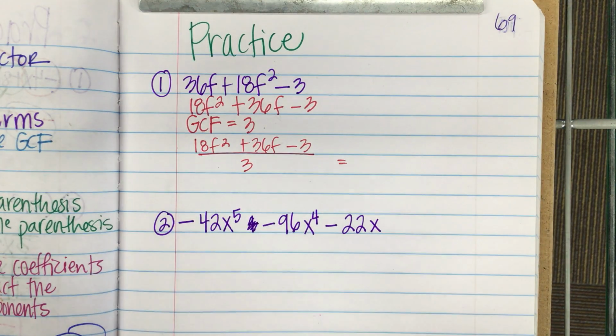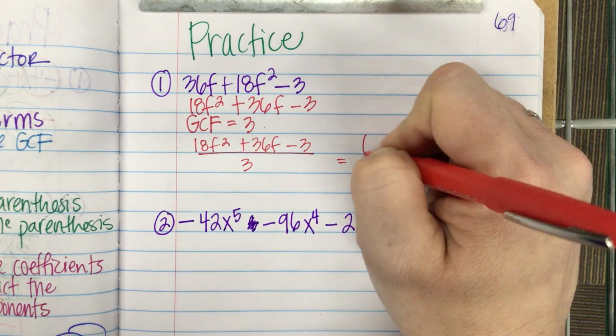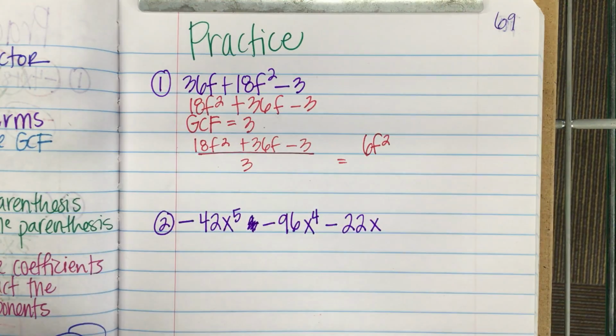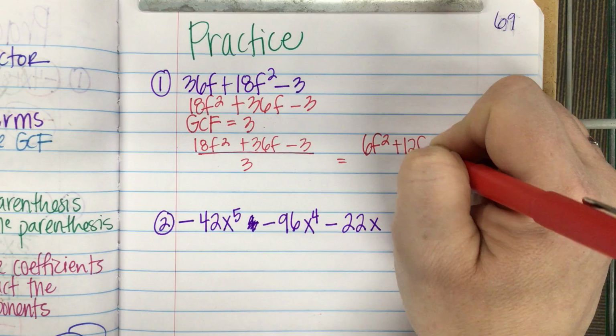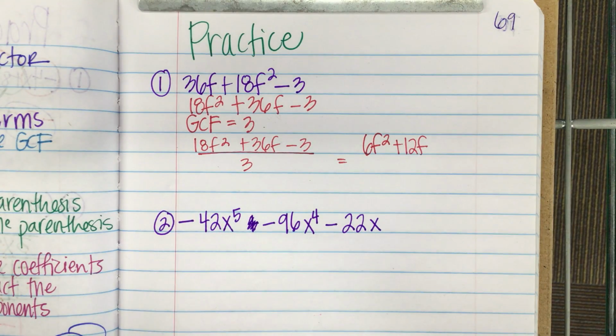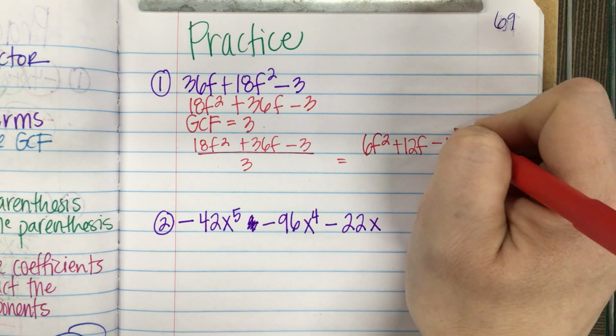And my solution, what's 18 divided by 3? 6f squared. What's 36f divided by 3? 12, positive. That's 12f. And negative 3 divided by 3 is negative 1.